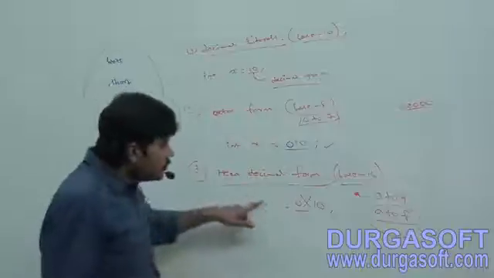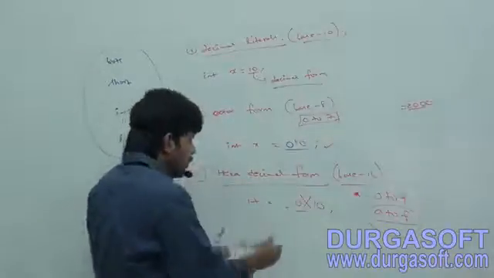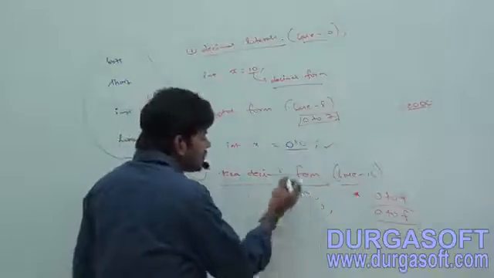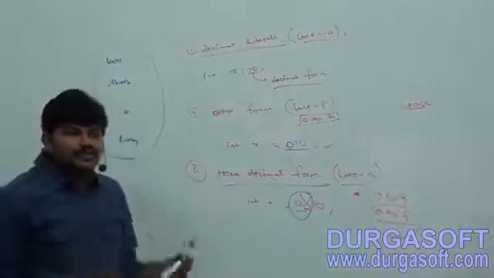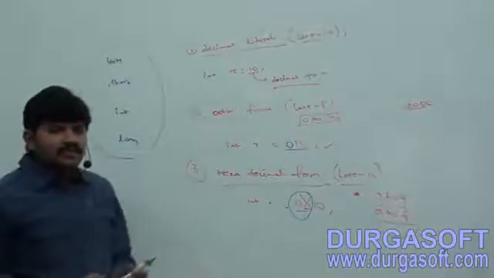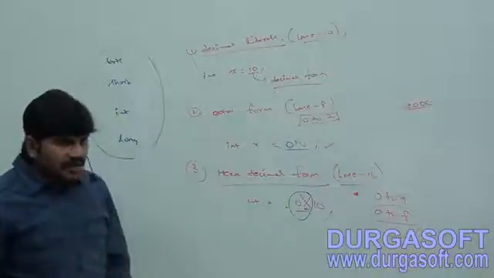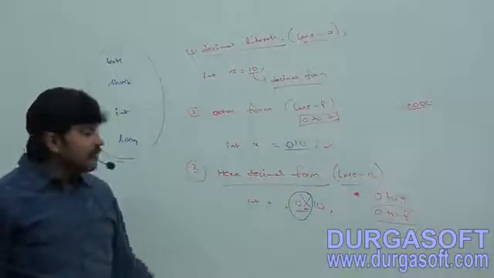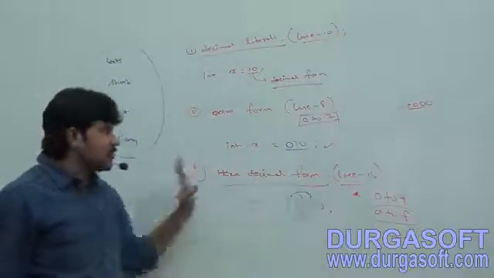Next, 0x. The number should be prefixed with what? 0x. Sir, is this x lowercase or uppercase? Or any case? Okay, make sure. Anyway, later we will discuss. As of now, keep that as the suspense only.